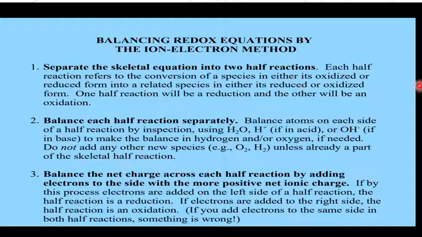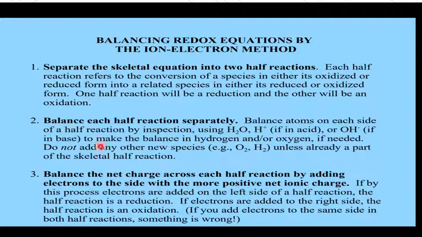Okay, so we can say each half reaction refers to the conversion of a species, अभी मैंने आपसे कहा, in either its oxidized or reduced form into a related species in either its oxidized or reduced form. So it means that one half reaction will be a reduction and the other will be an oxidation.